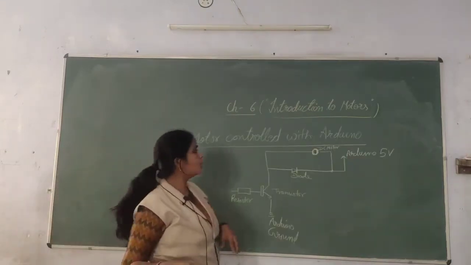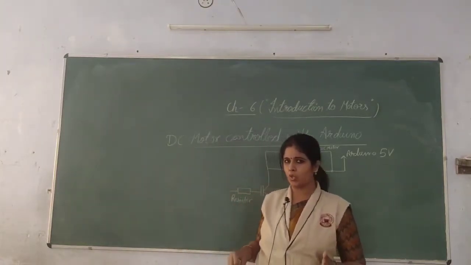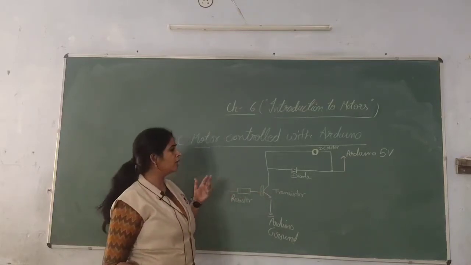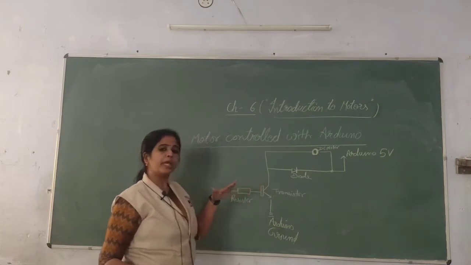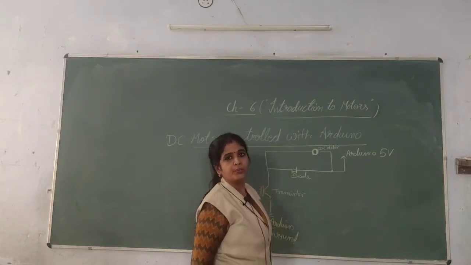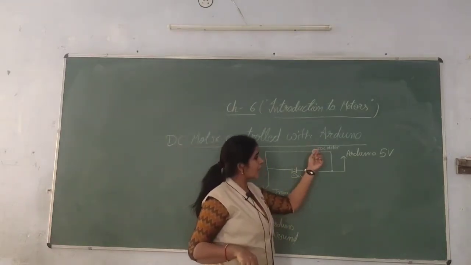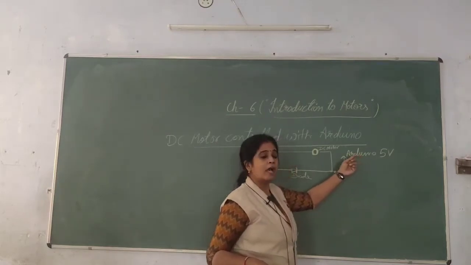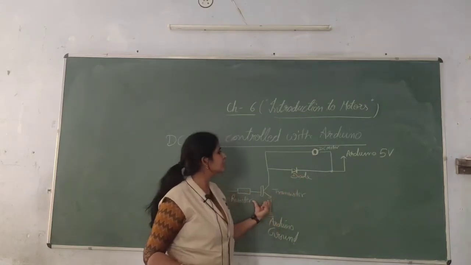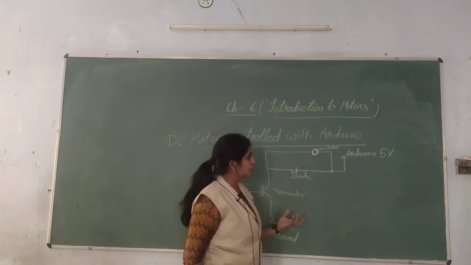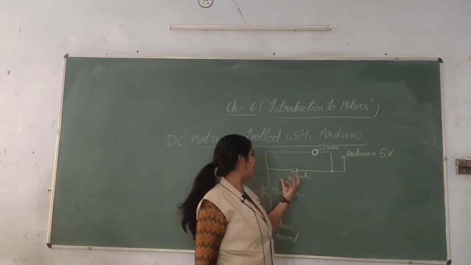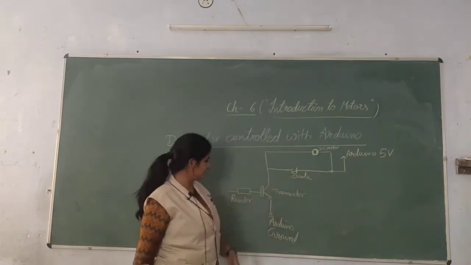Now I am telling you how DC motor can be controlled by an Arduino. You have to look at the diagram. In previous chapters you have learnt about the Arduino. DC motor can operate with 5 volt Arduino. Okay. DC motor will start running when Arduino 5 volt is applied on this motor, but we have to use diode and transistor in this circuit also, so that motor can be turned on and turned off by the help of diode and transistors.